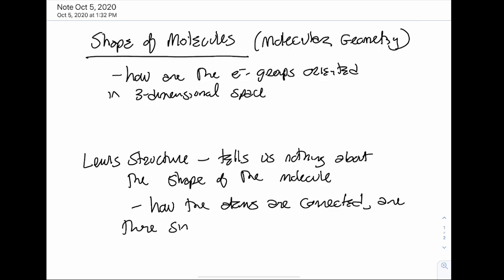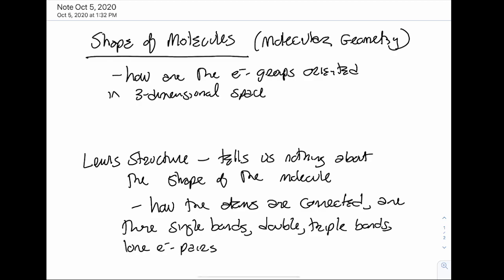Are there single bonds, double bonds, triple bonds, lone electron pairs, also called non-bonding pairs, etc., right? It tells us nothing about the shape, just how are they connected, right?